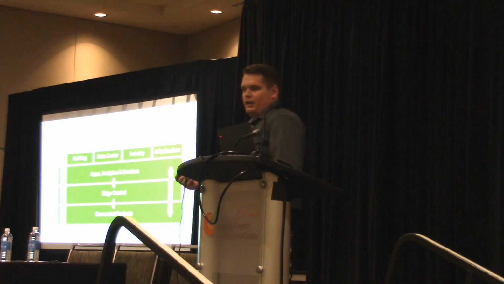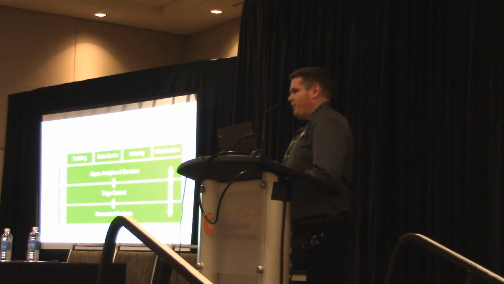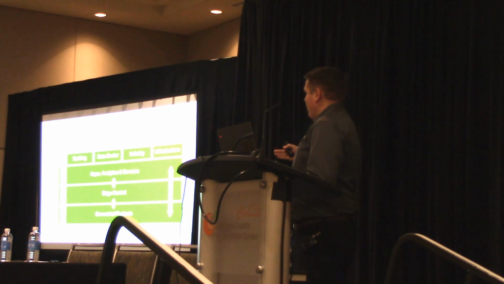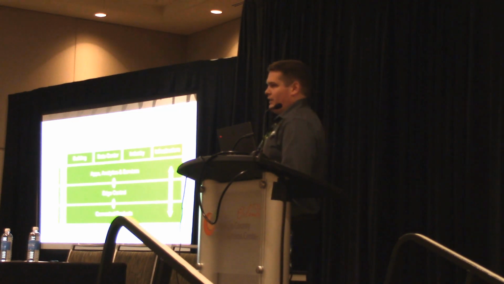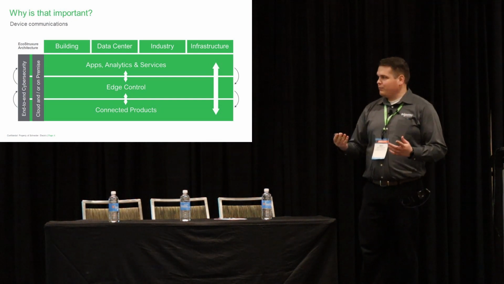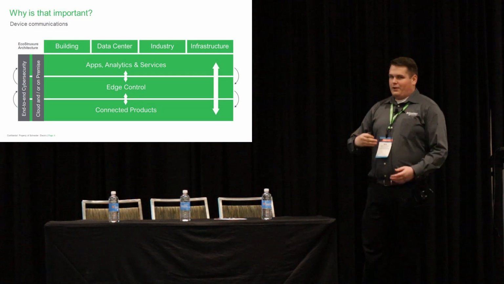Why is that important? Everyone wants to have more data. Everything's about data, whether it's real-time data, historical data, trending, however you want to get that data, everyone wants as much as they can get. So having your connected products communicate all the way up through, whether it's an RTD reading the temperature, the boiler level, boiler pressure, steam pressure, and steam header, whatnot. Take that up to your edge control devices.